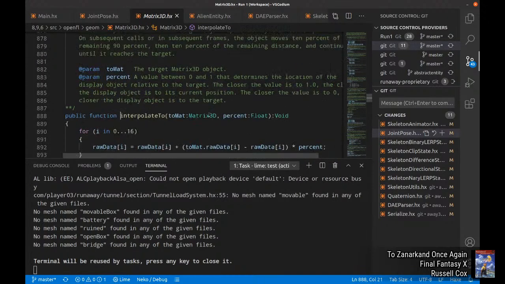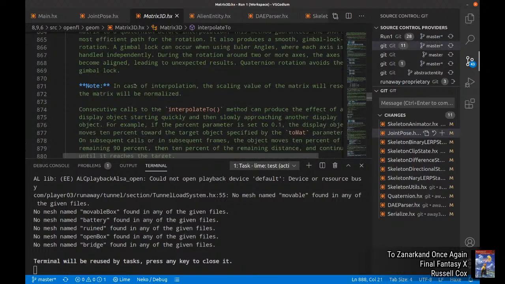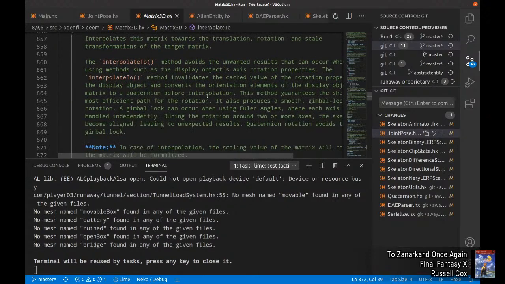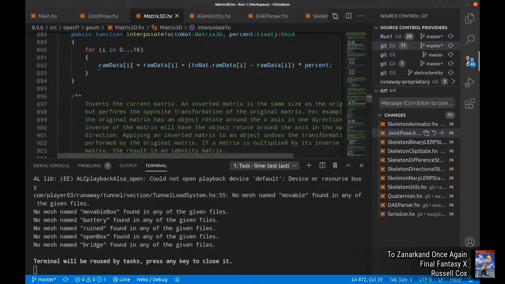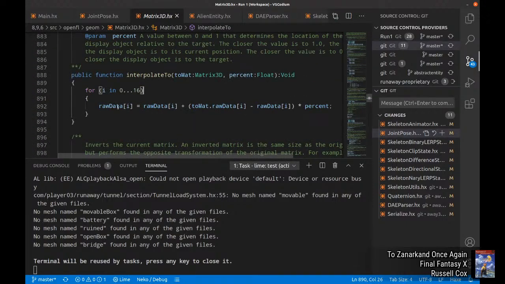Wait, what? In case of interpolation, the scaling value of the matrix will reset, and the matrix will be normalized. That seems to be a lie, because this line of code does not do that. But I do like the simplicity of it.